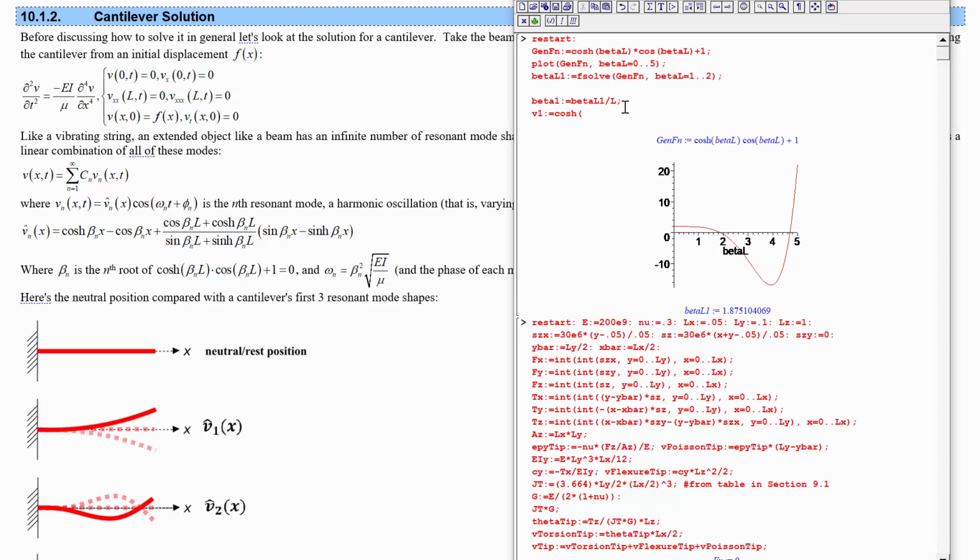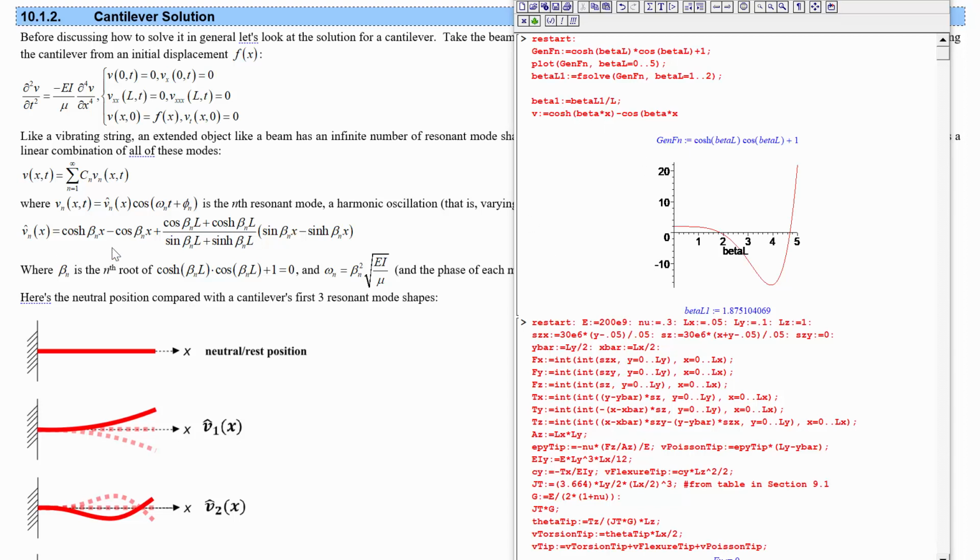And so then V1 would be equal to cosh of beta 1 times x minus cos of beta 1 times x. You know what? Let's just say that, let's put in the general one first. Let's say that V is equal to cos of beta x.